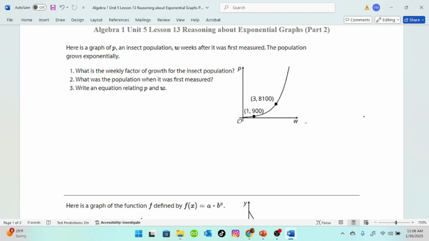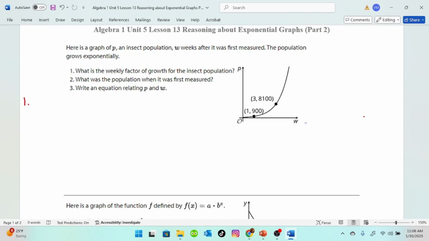So now we need to take the information we have for each point and fill out the exponential equation using that information. And what we're going to do is have the equation for the second point, and divide it by the equation for the first point.